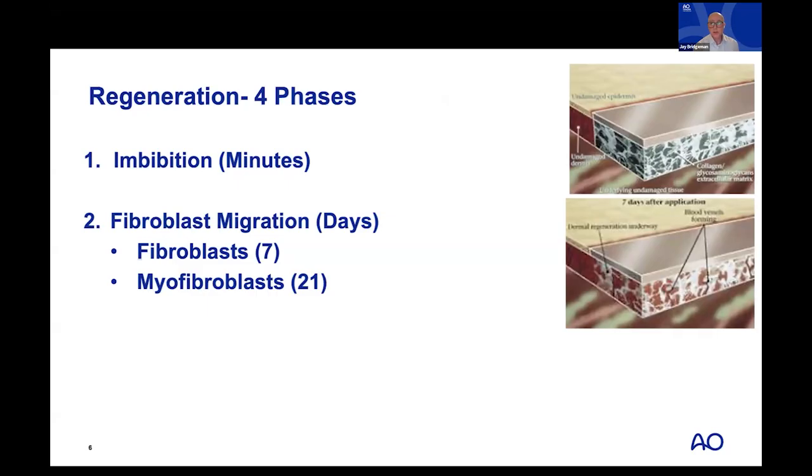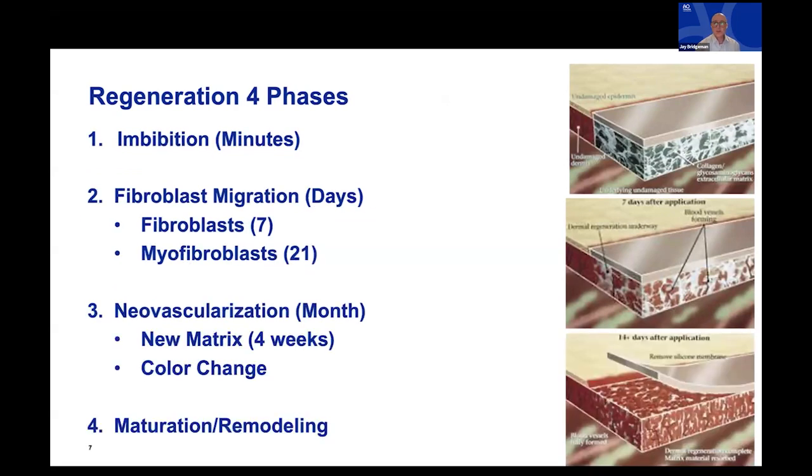And then over the first week, there's an ingrowth and migration of fibroblasts. And then towards the end of the third week, there's ingrowth of myofibroblasts with an ongoing maturation. And then you'll slowly see a color change clinically from kind of an off-white or gray color to a more pink color. And then the third phase is neovascularization, which occurs by the end of the fourth week.